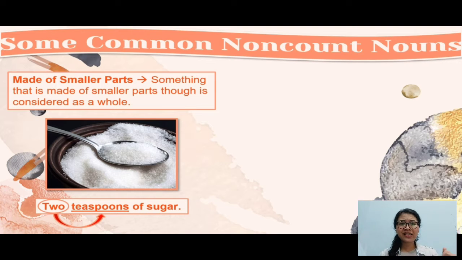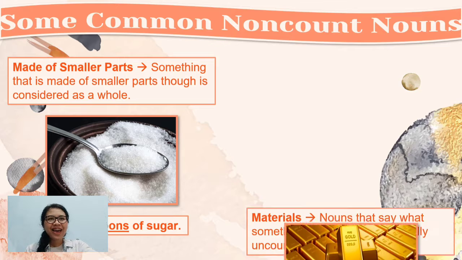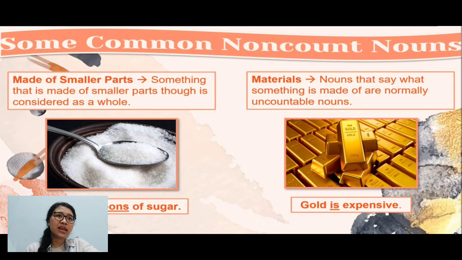And then another example. And the next is nouns that say what something is made of are normally uncountable nouns. Some examples are like wood, glass, paper, ice, gold, silver, iron, cotton, wool, steel, etc. For example, in this slide, you cannot count gold, but you can count bars of gold.